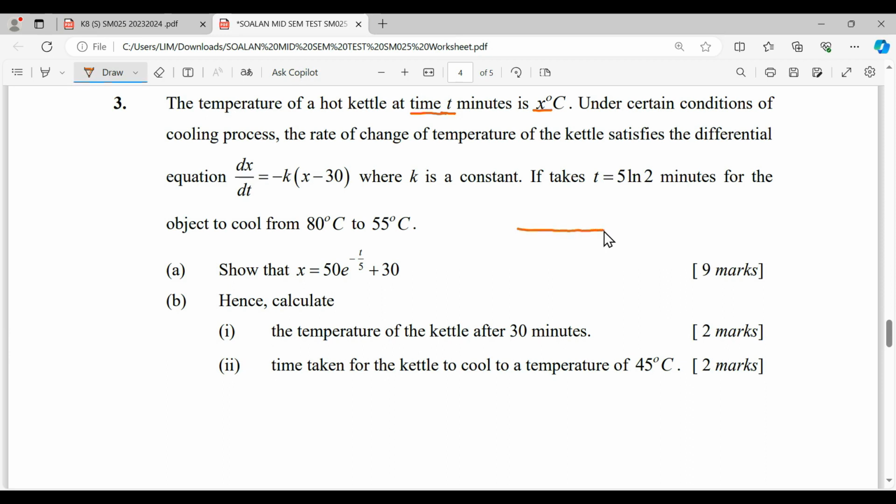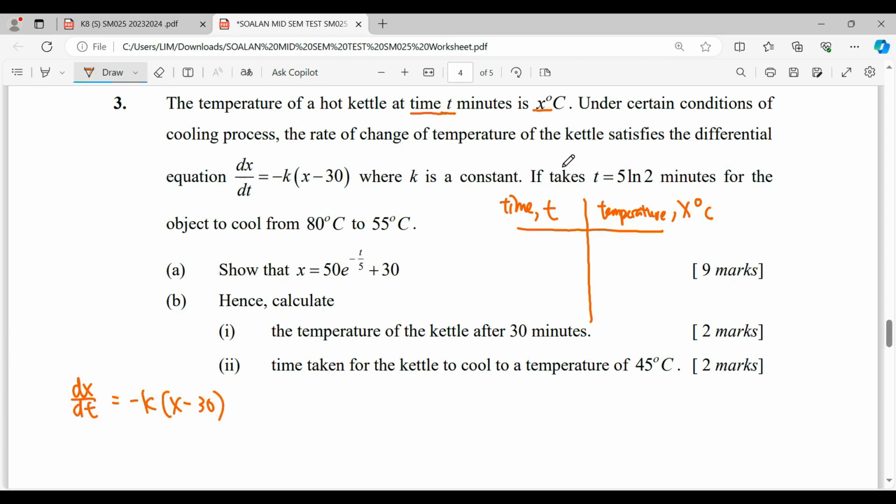So after rereading our question, we can write out our story timeline. From here, we can identify our unknowns: the variable time, denoted as t, and the variable of temperature, denoted by x Celsius. The differential equation is given, dx/dt equals negative k (x minus 30).